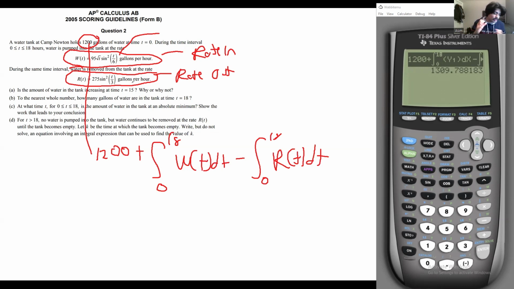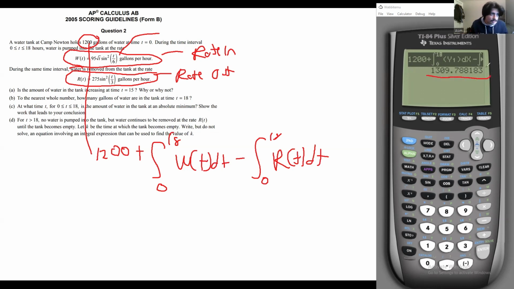In order to find that, we're taking the area under the rate in curve, and that's going to give us our amount of water. However, the reason I subtract the integral of R(t) dt is because this is our rate out, and we don't want that. We're just getting rid of it. That's why we write this into our calculator, and I just wrote it down.